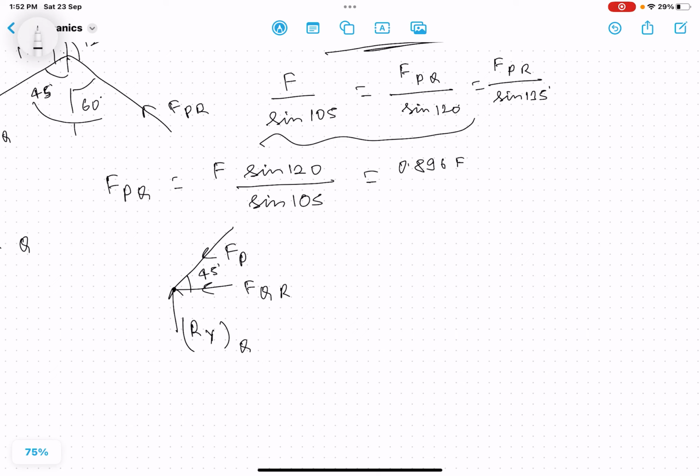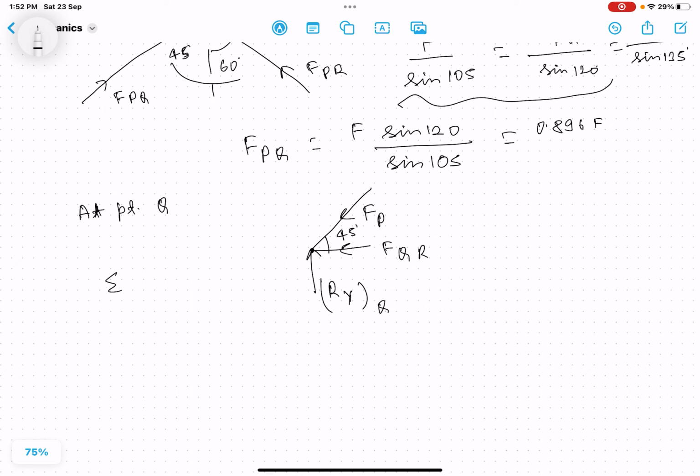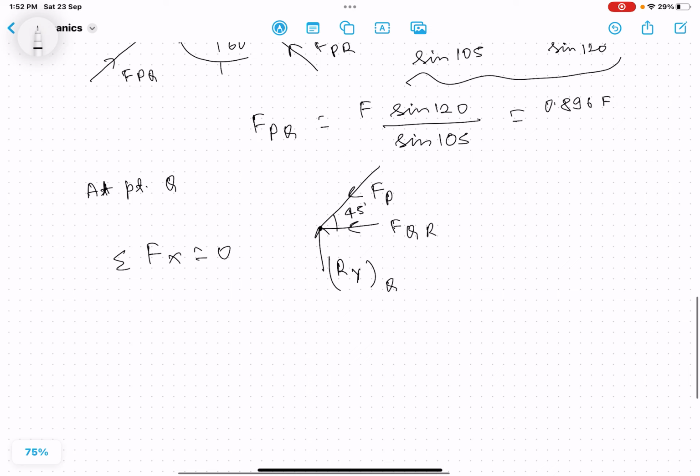So we will write the equilibrium equation here at point Q. So summation of Fx equals 0. That means F of PQ cos 45 equals F of QR.